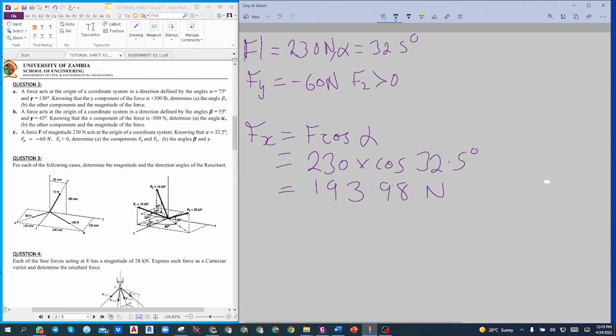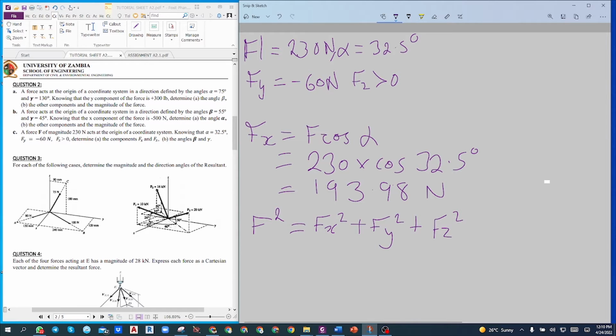Alright, now we have to find Fz. Now we have Fy, we have Fx, and we also have the magnitude of F. So why can't we use the identity? Yes, we can. So we are saying F squared is equal to Fx squared plus Fy squared plus Fz squared, and Fz is the one we don't know.